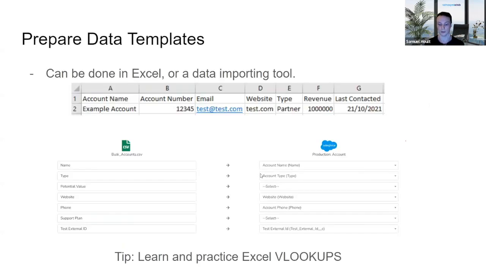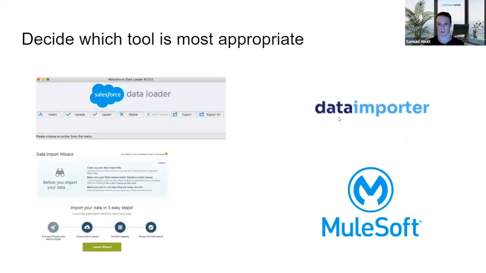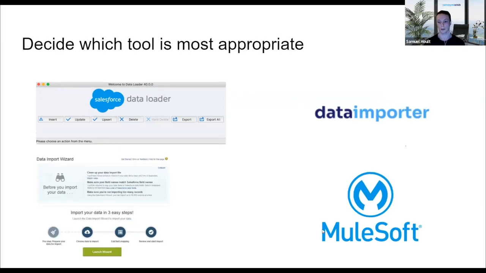And then on the other tier is a product like mine, which sits in between the MuleSofts and the data loaders, where you don't have the full complex functionality of a MuleSoft. So you can't do things like combine lots of different data together, or lots of complex manipulations of the data, but it has some of the features, like you can clean some data, you can do some lookup relationships without needing the IDs and stuff like that.